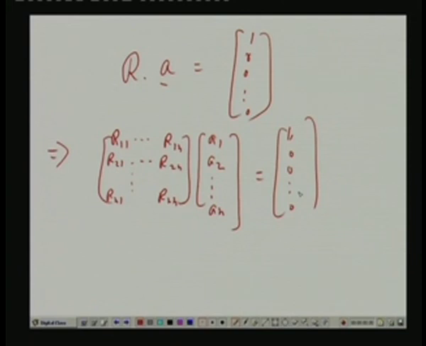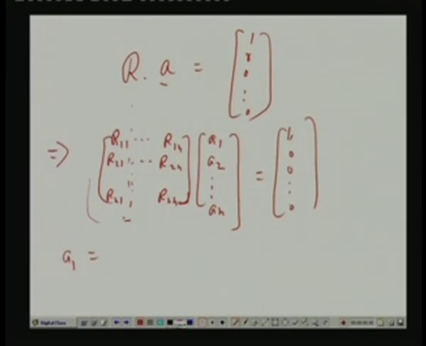We are solving a set of equations like this. Now, we know Cramer's rule. By Cramer's rule, what is A1? You first take out the first column, replace it by the vector 1 0 0 0, and take the determinant of that.